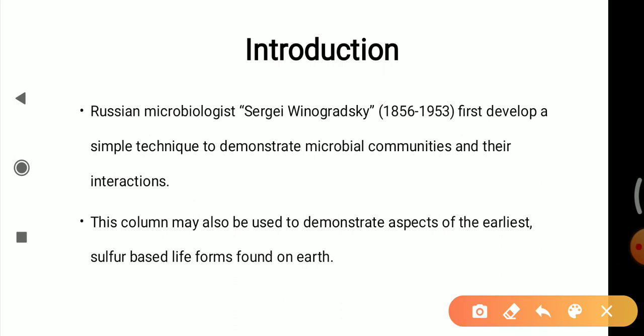Russian microbiologist Sergei Winogradsky first developed a simple technique to demonstrate microbial communities and their interaction.